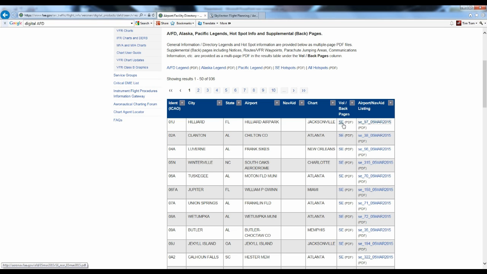Don't ask why, but it's there. It contains VOR receiver checkpoints. It contains VOR testing checkpoints. You'll find sometimes they'll have controlled firing areas listed there. A ton of information is there. It's just very, very useful.